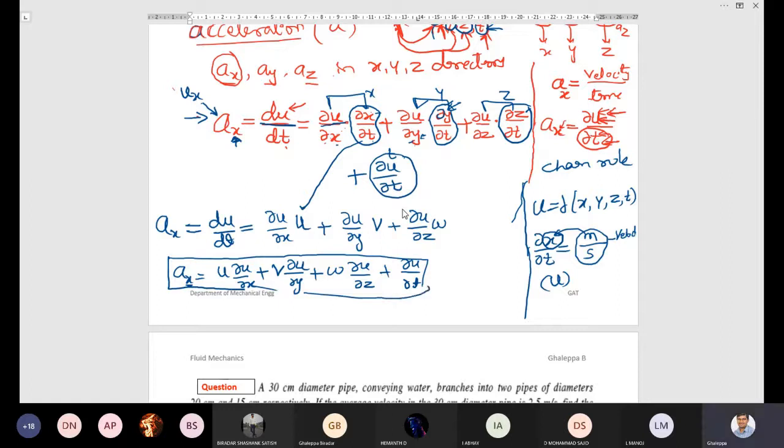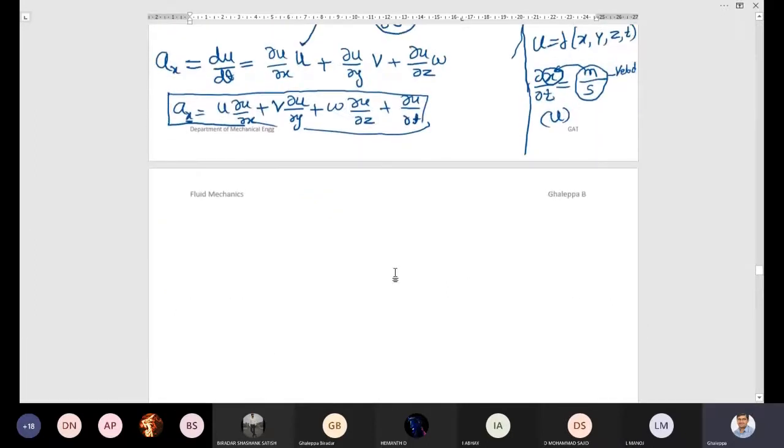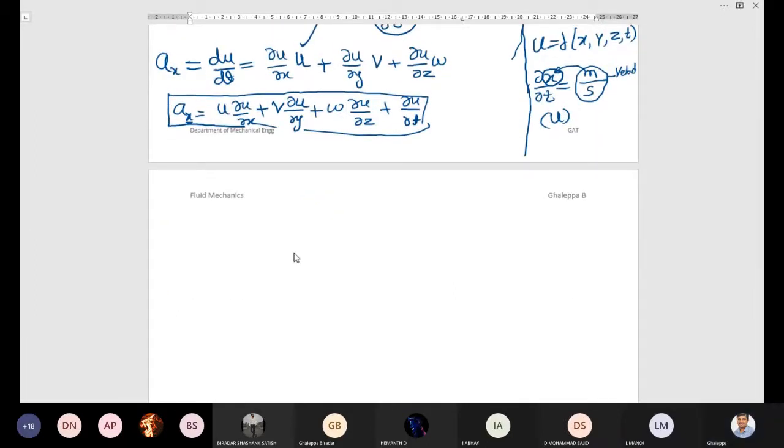Dear students, can we write a similar equation for acceleration in y direction? Y direction means velocity v. So v is also a function of x coordinate, y coordinate, z coordinate as well as time. So what is the acceleration in y direction?